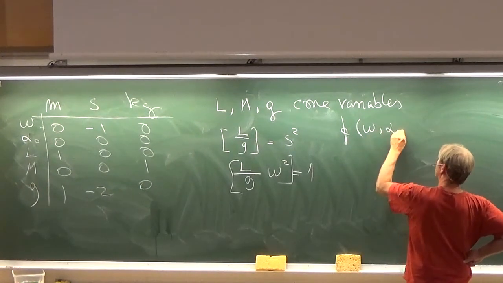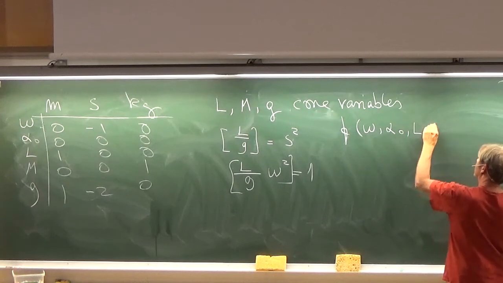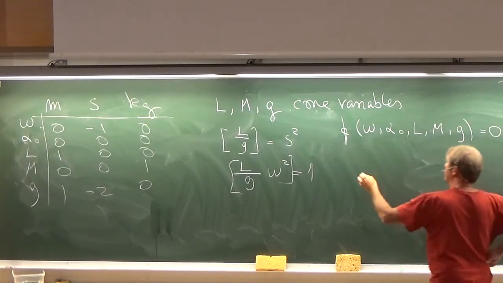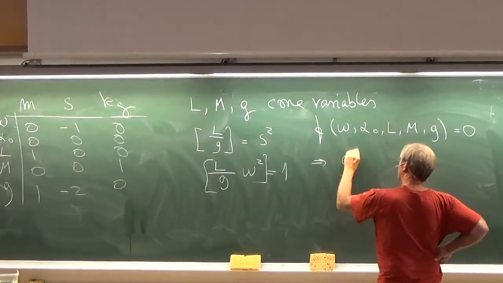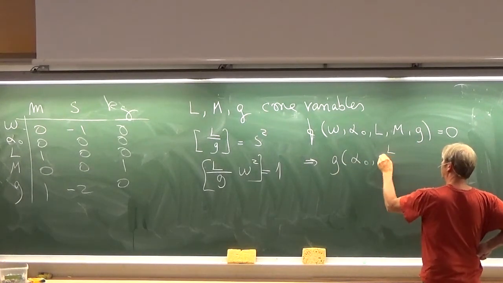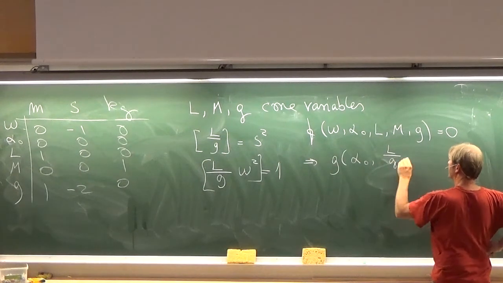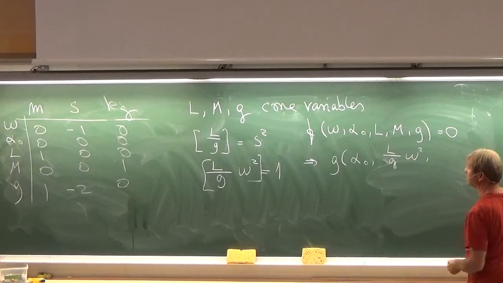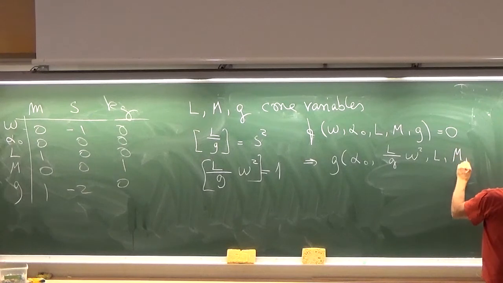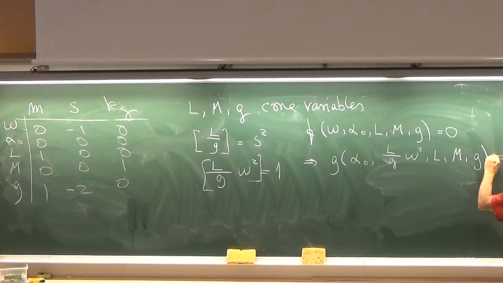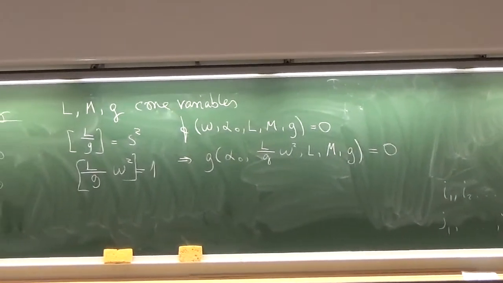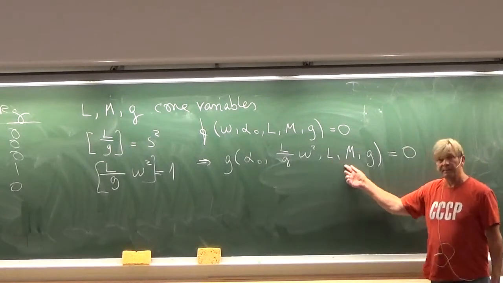So our original relation translates to, we need this one, and then we have L, G, omega squared and L, M, G. So that's expressing stuff in new variables. And of course, these are dimensionally independent.